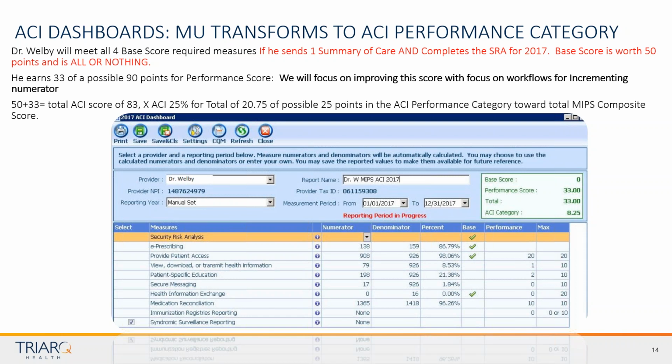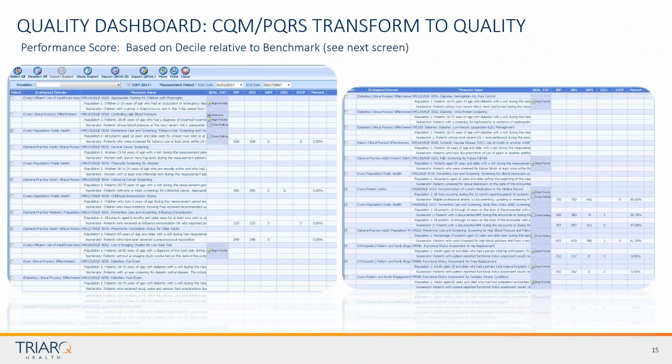So this is the ACI dashboard. Next is quality. So this should look familiar to folks who've been doing their CQMs for meaningful use for all these years. It looks a little different. There's a new column labeled quality categories. So you see where we're calling out the high priority, the outcome. There's a concept of cross-cutting, which was applicable in the PQS world.